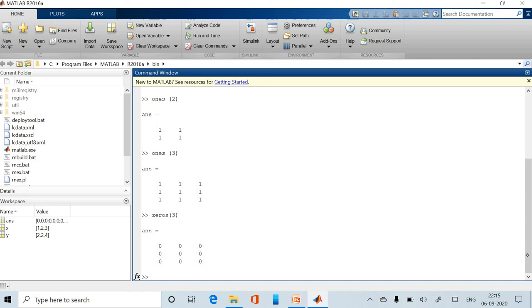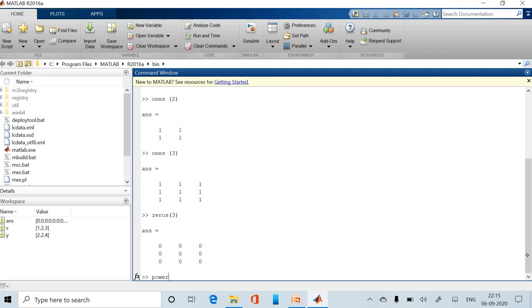Now we'll look at some mathematical functions. We'll look at power. If you want to raise a number like 3 to the square, 3 square is 9. In C programming we use the pow function, but in MATLAB we use the power function.